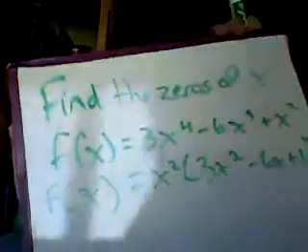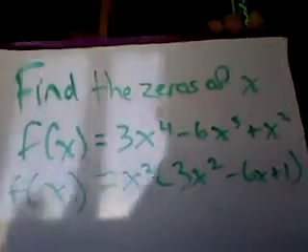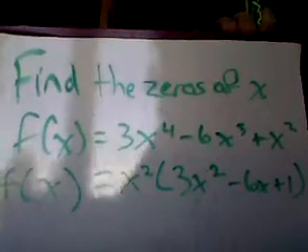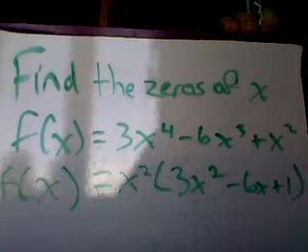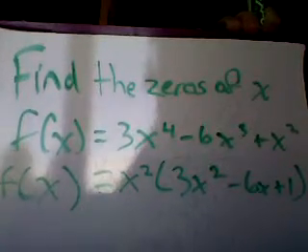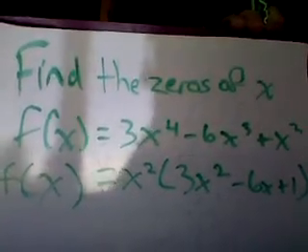And you'll get something like this. x squared times the quantity of 3x squared minus 6x plus 1. From there, you need to apply the quadratic formula to the 3x squared minus 6x plus 1 part.